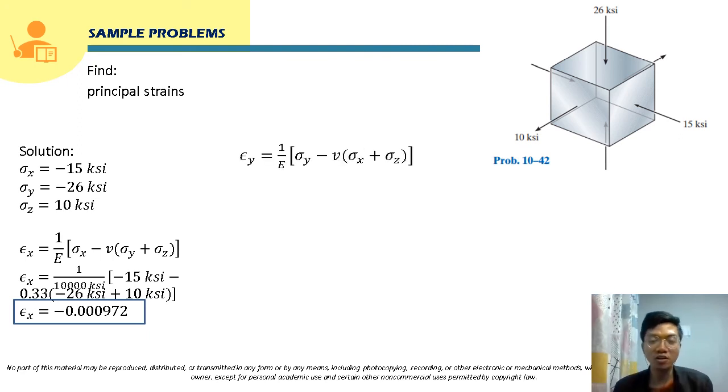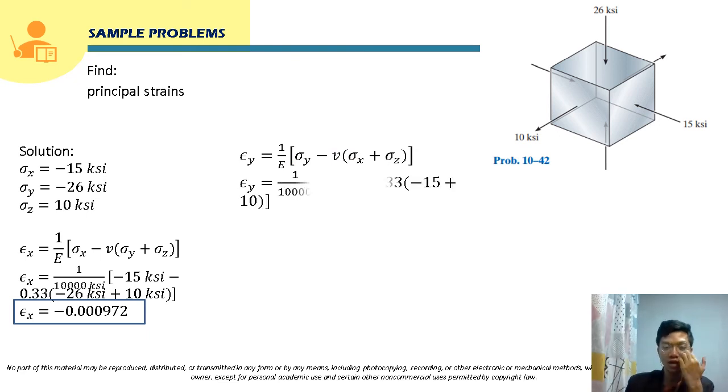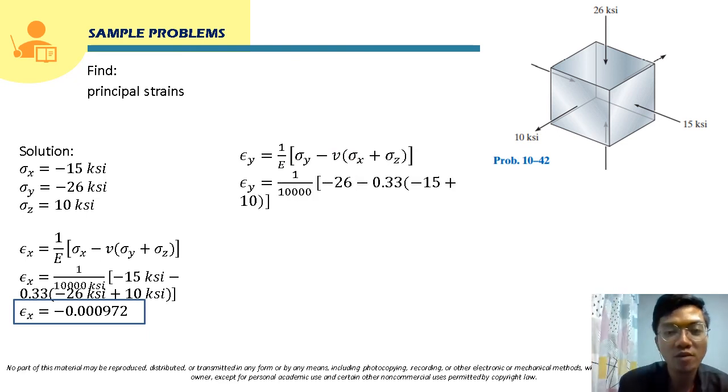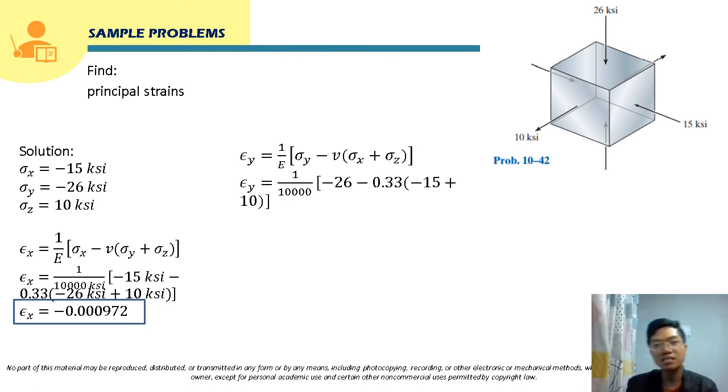Now for the strain in the y direction, this is the formula. Again, this is already the combined strain in the y direction due to the stresses in the y, x, and z directions. We will just substitute the values here. This will be 1 over 10,000 times negative 26 minus 0.33 times negative 15 plus 10.